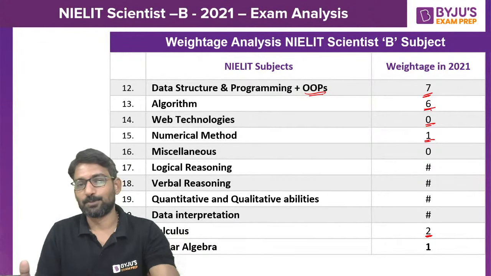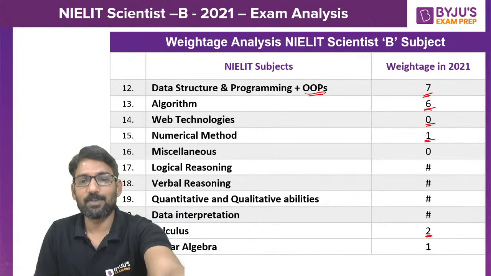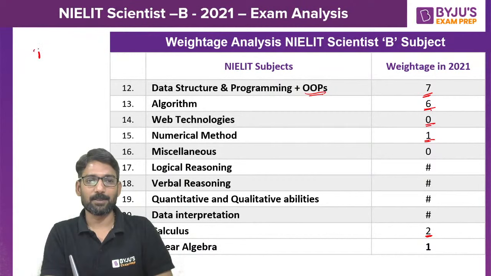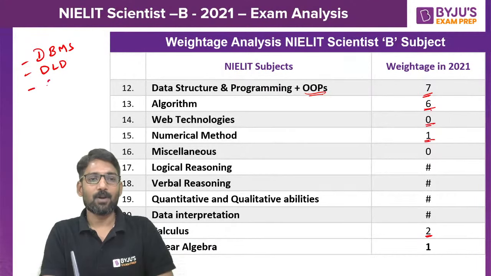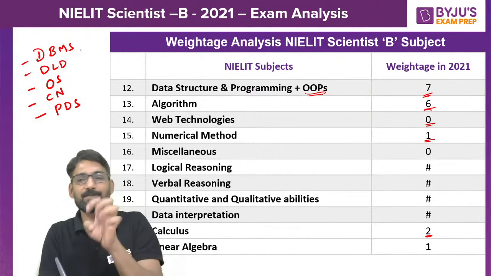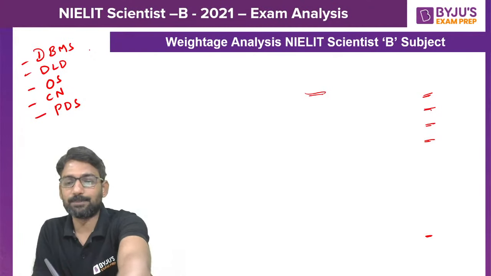Right. So from which subjects we got more questions this year, as per my observation: DBMS, digital logic, operating systems, computer networks, programming and data structures. These 5 subjects actually ruled.